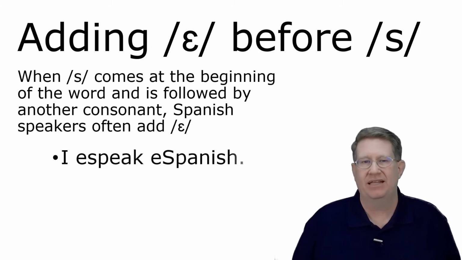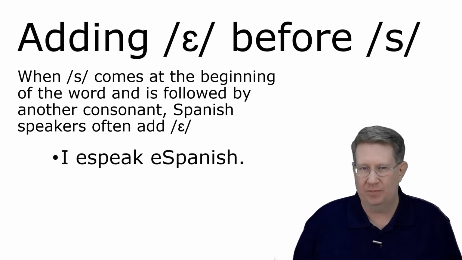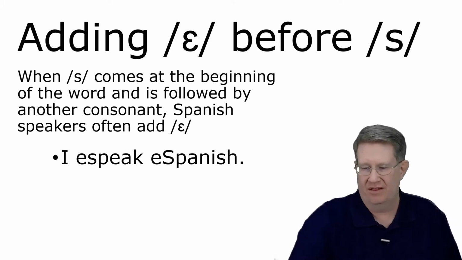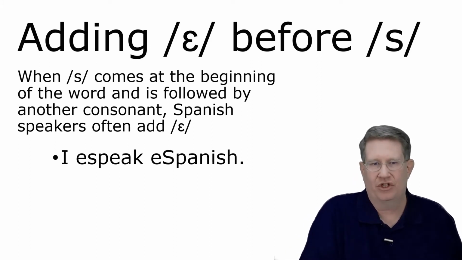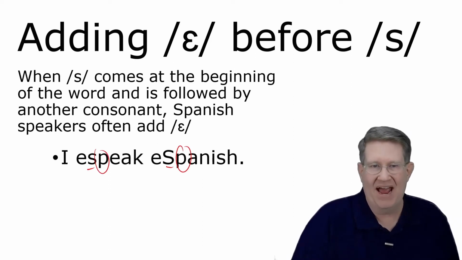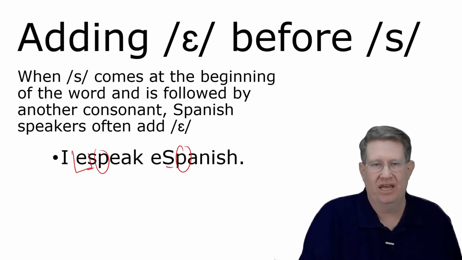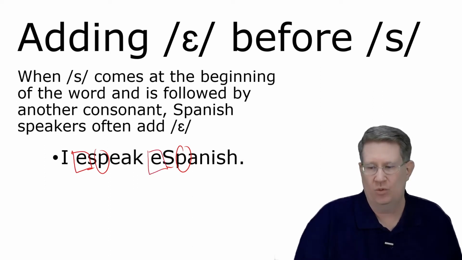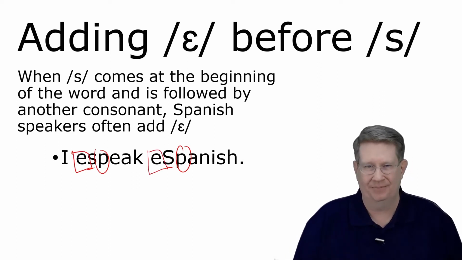So we might say this: I espeak Espanish. We can see that these words start with S, but then after that there is a consonant. In this case, it's the same one. And that's when this extra E, which is the problem, gets added.